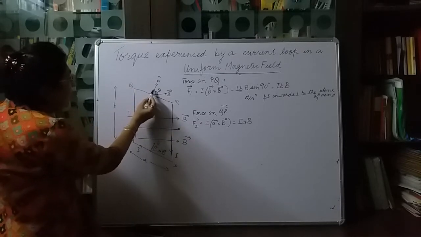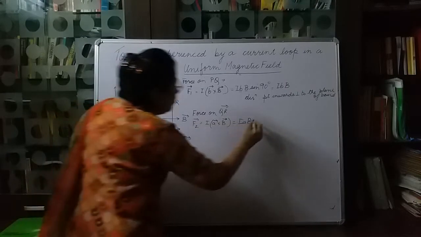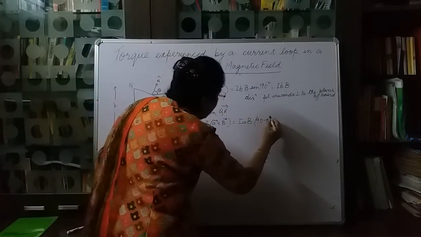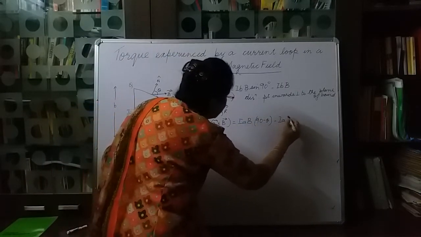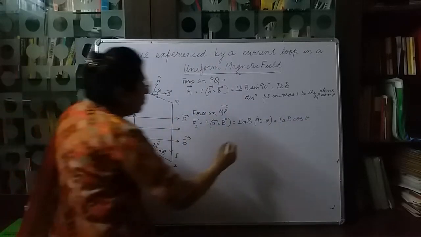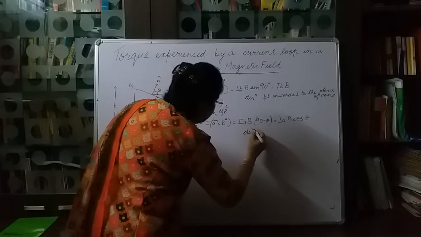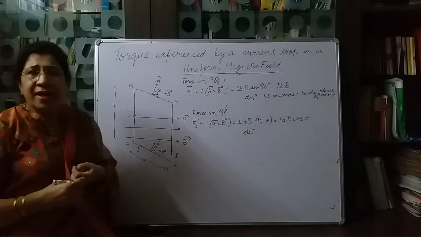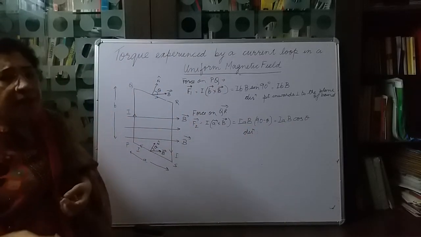Here theta is there, this angle is 90, so it would be 90 minus theta, and it becomes I a B cos theta.